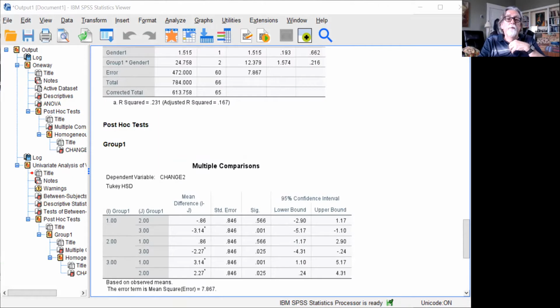Now, we go back to the home screen, because the other thing that we talked about in part B is using the same analysis, but taking out any effect of gender at all, because although gender didn't have a significant effect, it could have had some impact on the scoring for change 2, and so we took that out.